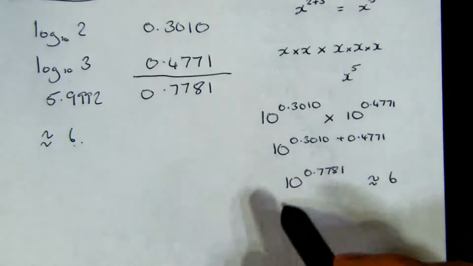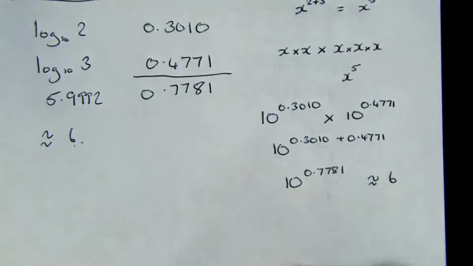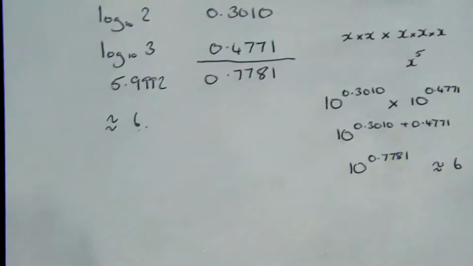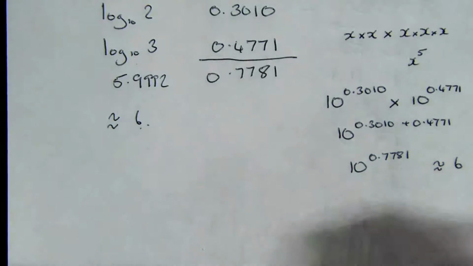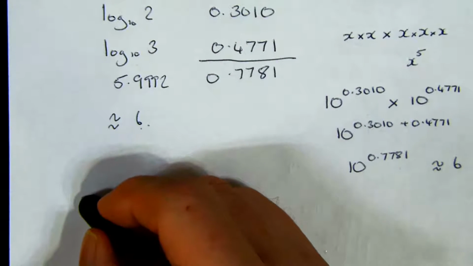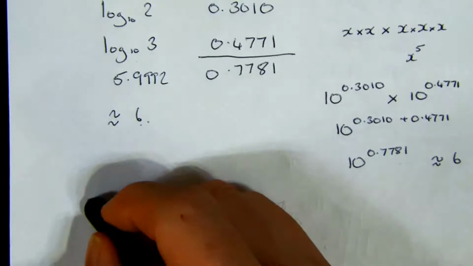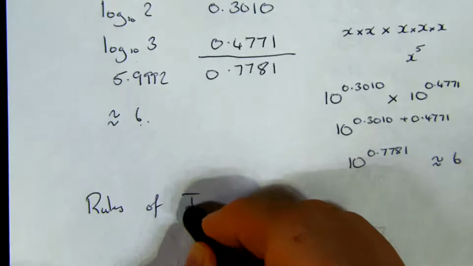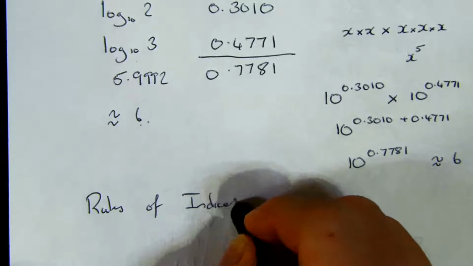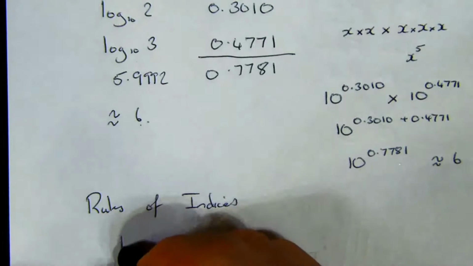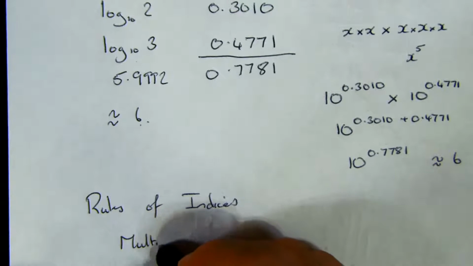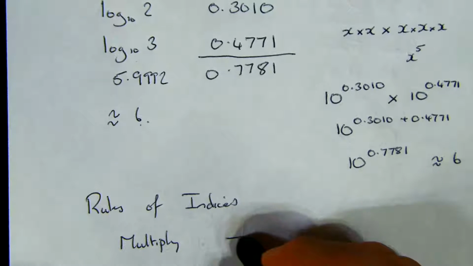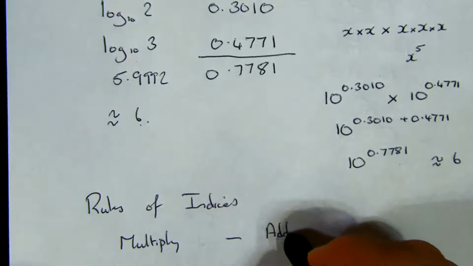Right, so we've met this with indices and what it can do. We've discovered that the rules of indices are as follows. The rules of indices is that if you want to multiply two numbers together, we simply add them.